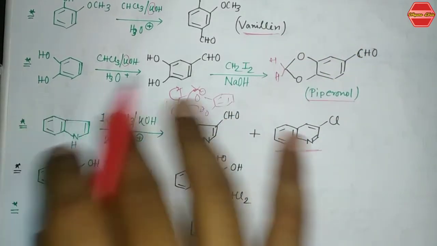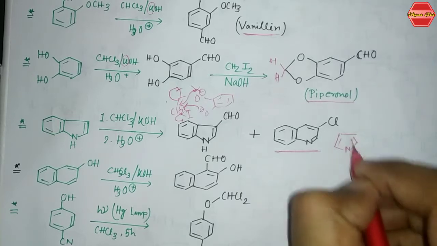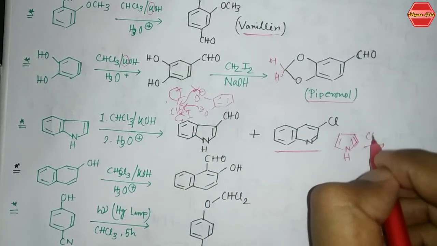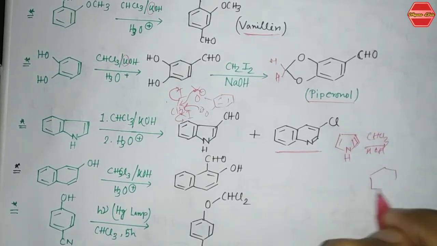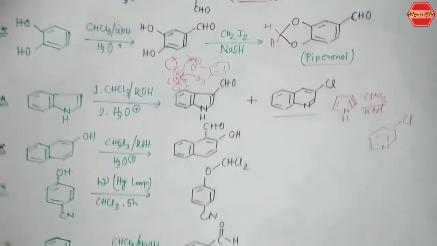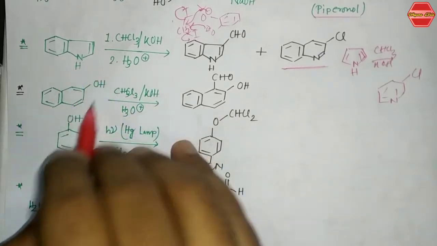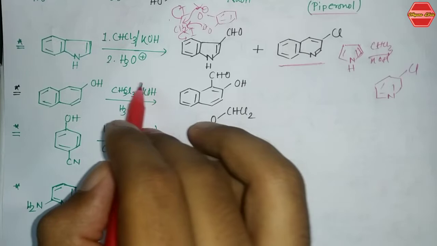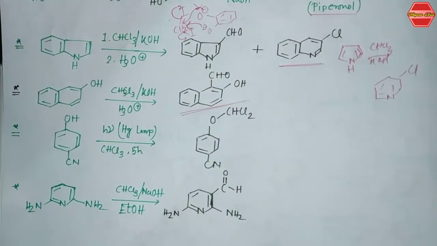I already showed you that when you are using this pyrrole derivative with CHCl3 and KOH, this kind of product takes place. So a similar mechanism is also followed for this reaction. Now see one of the important examples, this is your substrate. When you are using CHCl3 and KOH, then this will be your major product.